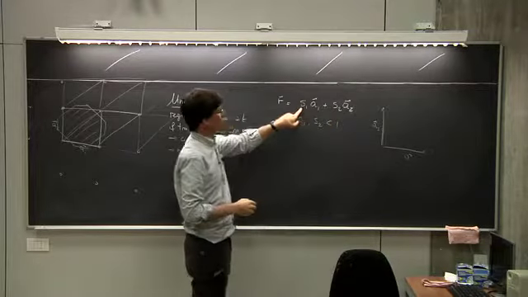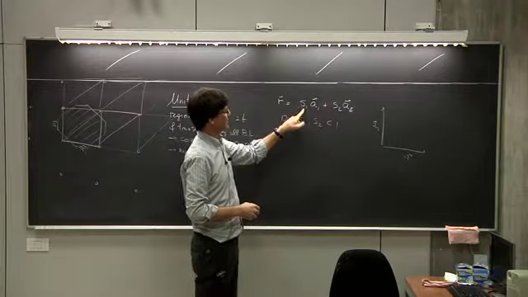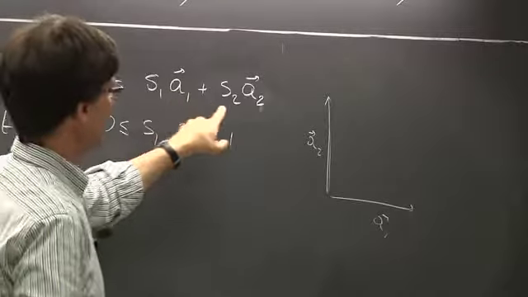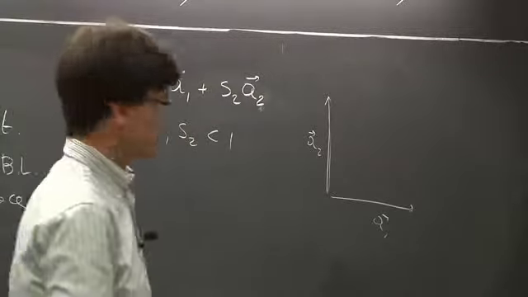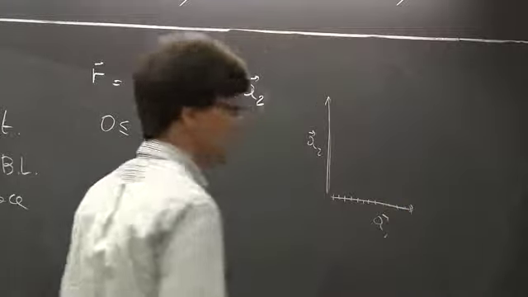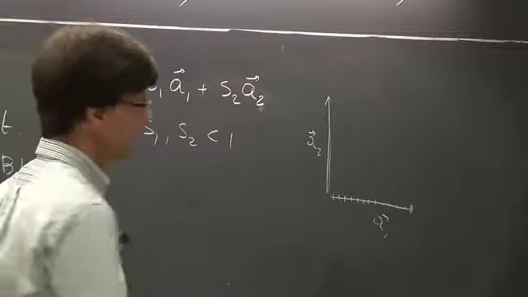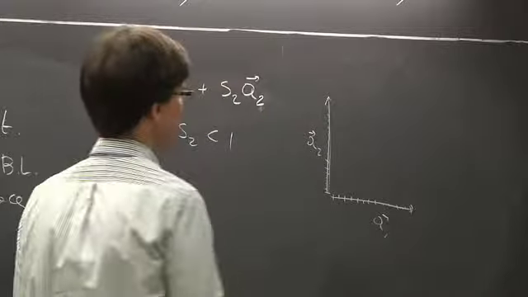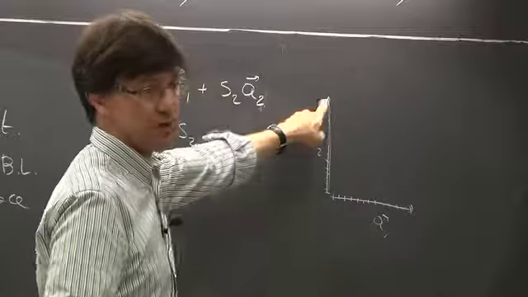What is the region of points that I'm describing with this vector R, defined as a fraction S1 between 0 and 1 of A1 and a fraction S2 between 0 and 1 of A2? So for A1, I have to take all possible values between 0 and A1, because S1 ranges from 0 to 1, and S2 can take any value between 0 and 1, so I'm taking all possible values of the vector from here to here.